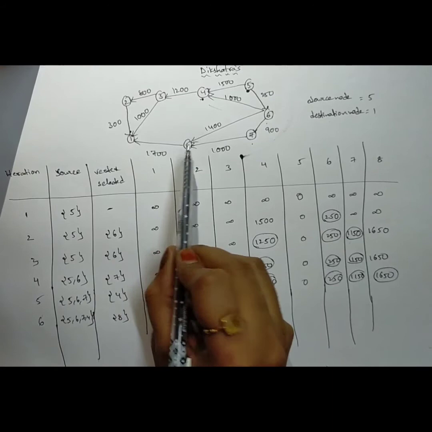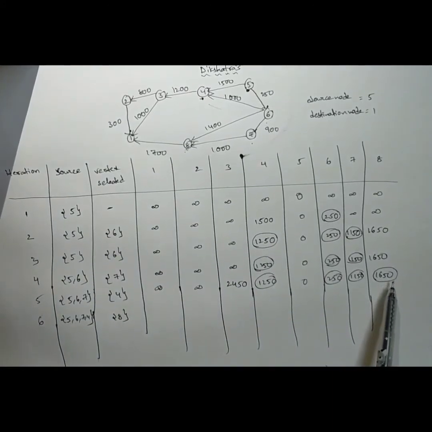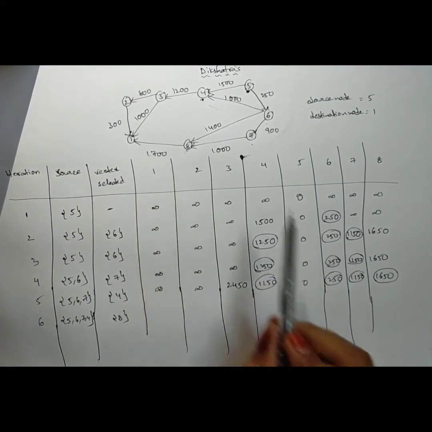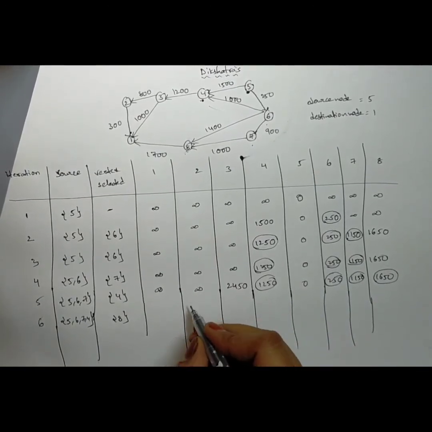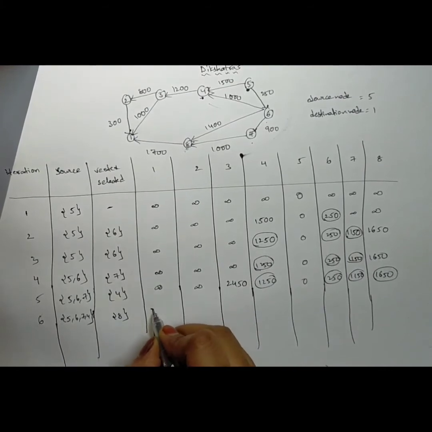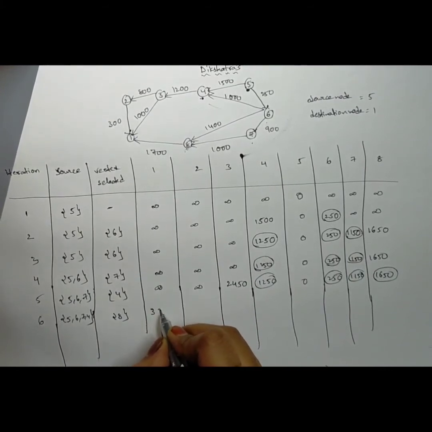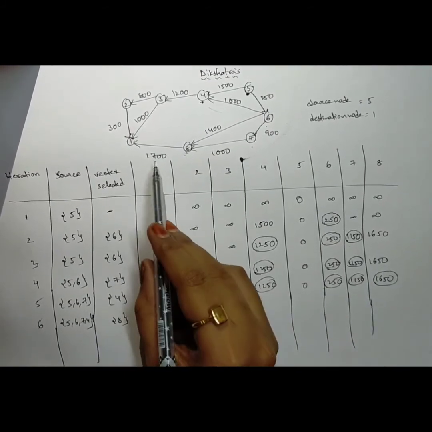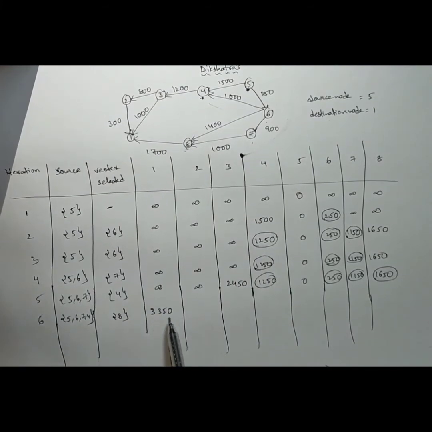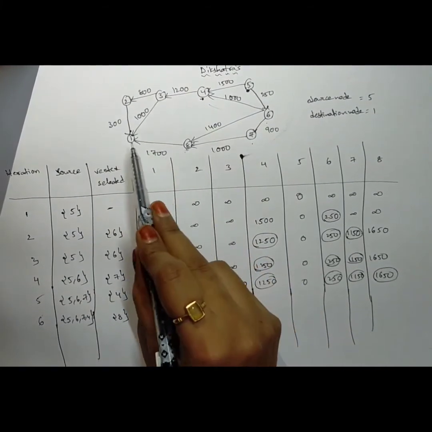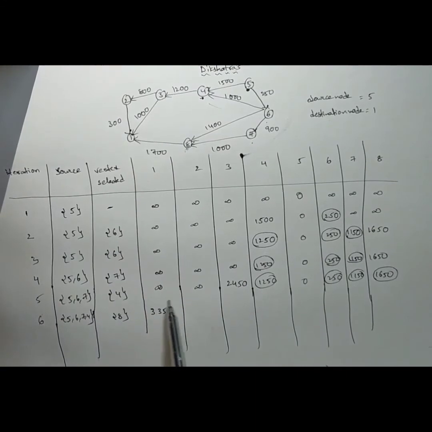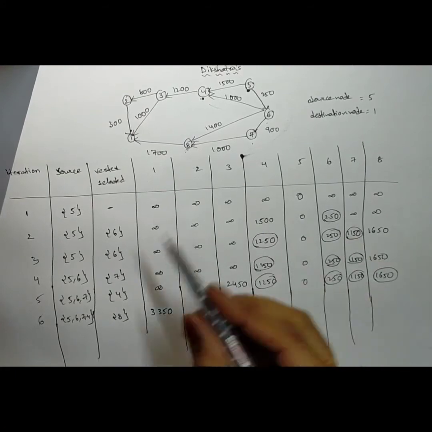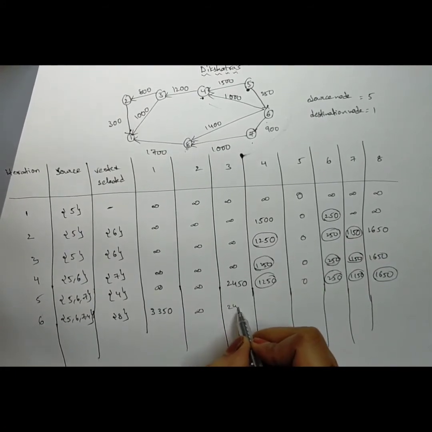Till 8 we have a distance of 1650, so I am adding the value 1700 to this 1650. 1650 plus 1700, the value is 3350. As the edge is from 8 to 1, I am placing the value in the vertex 1. As we have only one edge, the remaining values will be placed as they are.